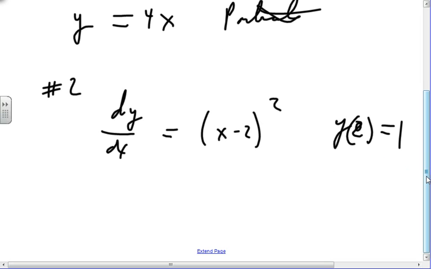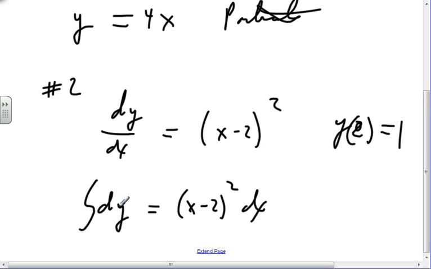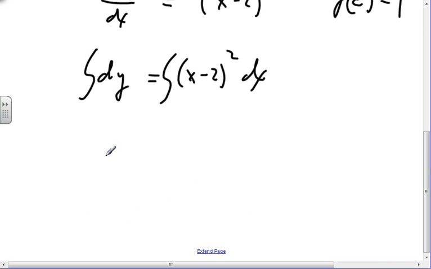So I'm going to separate my variables and say dy is (x minus 2) squared dx, and then integrate both sides of the equation.